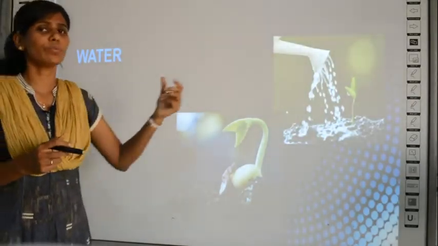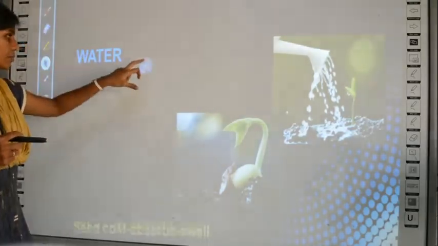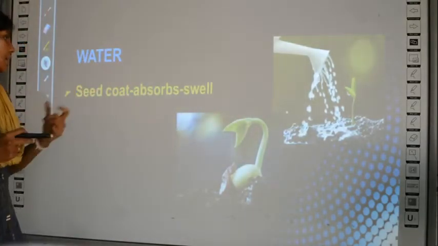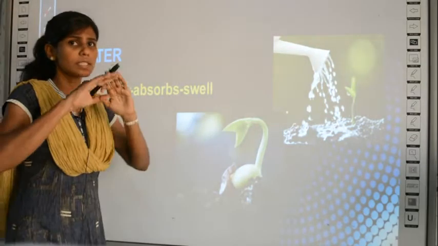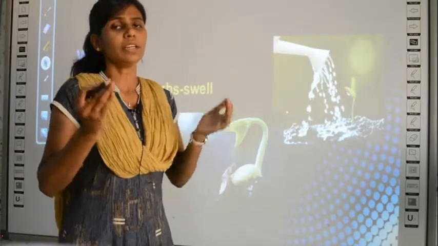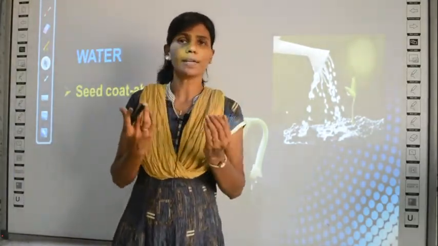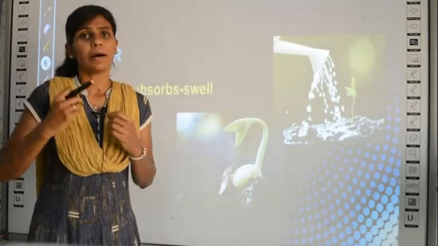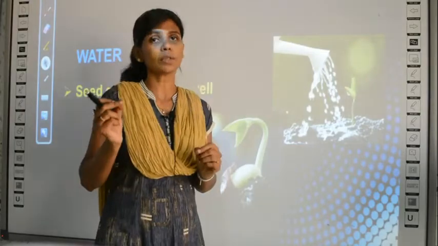I told you, you have to water the seed when you want it to germinate, because the seed has a seed coat. I told you there is a coat surrounding the seed which always protects the seed, and it is hard in nature, which will not let the plant come out. That's why when you store seeds in a container, the seed will not germinate.